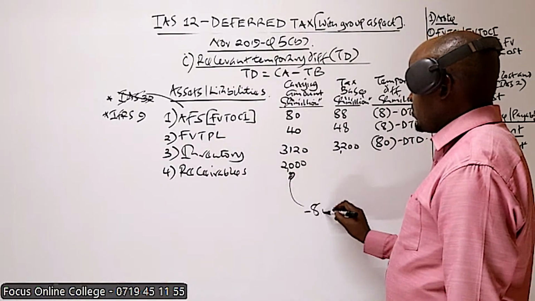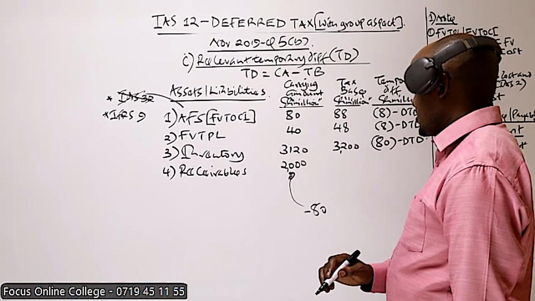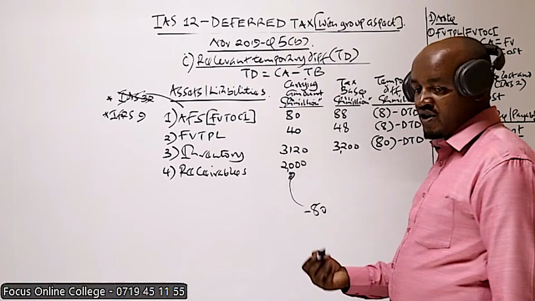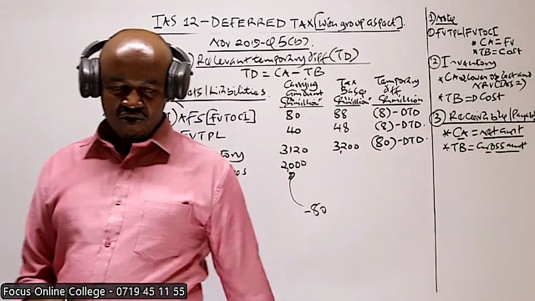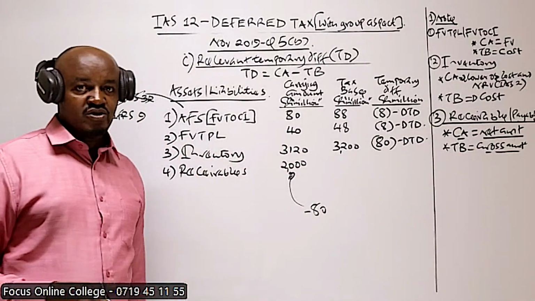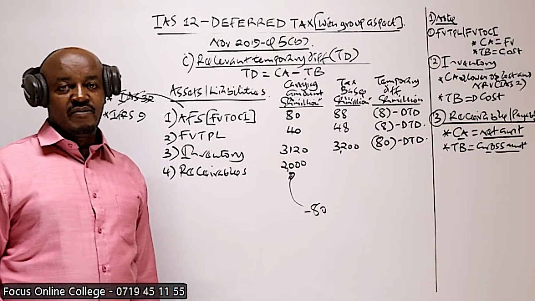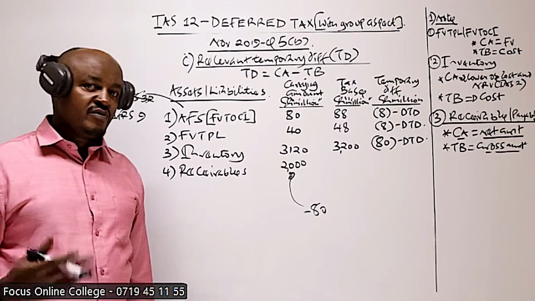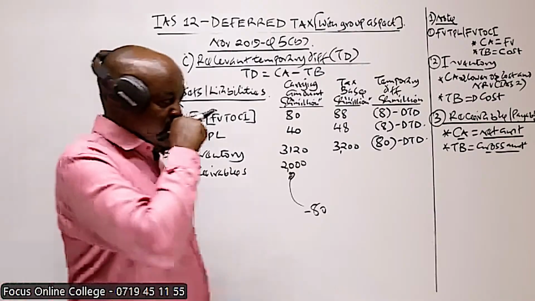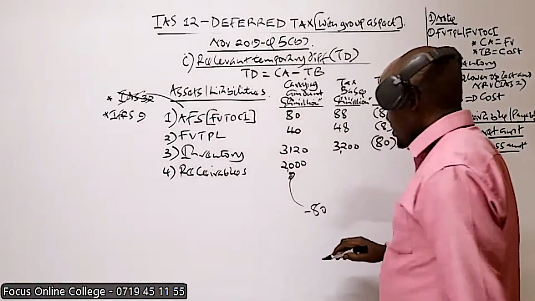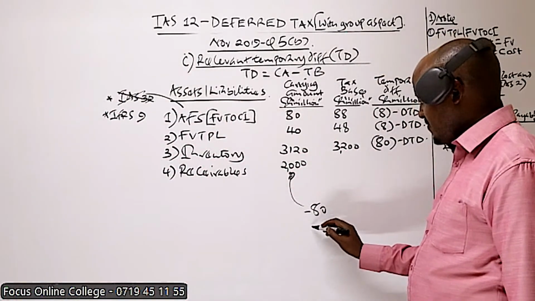The amount of 80 is the allowance for doubtful debt. Nowadays, we don't talk of allowance for doubtful debt. Maybe this is something you'll come across in other subjects. Nowadays, we talk of expected credit losses. Equally, we don't talk of bad debt written off, we talk of credit losses. Those are some terms you need to be aware of.